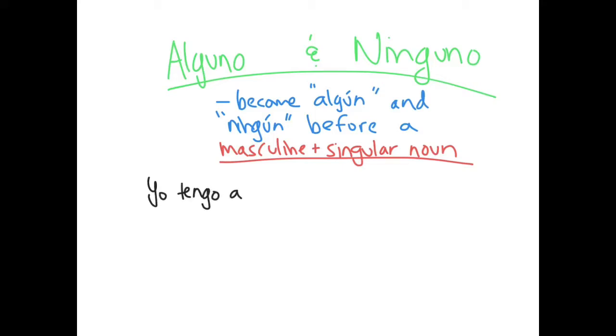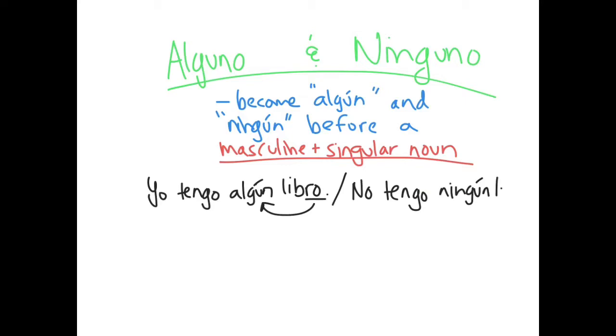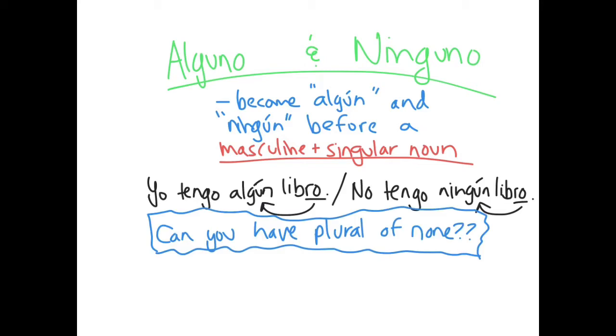So they drop their O's and gain an accent mark over the U. Kind of like bueno and malo do before masculine and singular nouns, as well as primero and tercero. So if I want to say, yes, I have some book, yo tengo algún libro, or no tengo ningún libro, I don't have any book. So because libro is masculine and singular, I have to use ningún or algún in these cases.